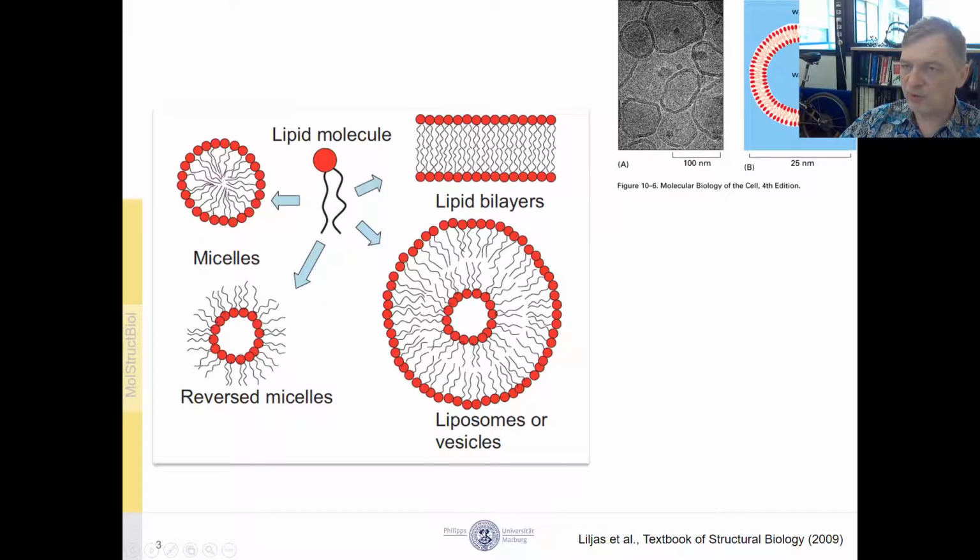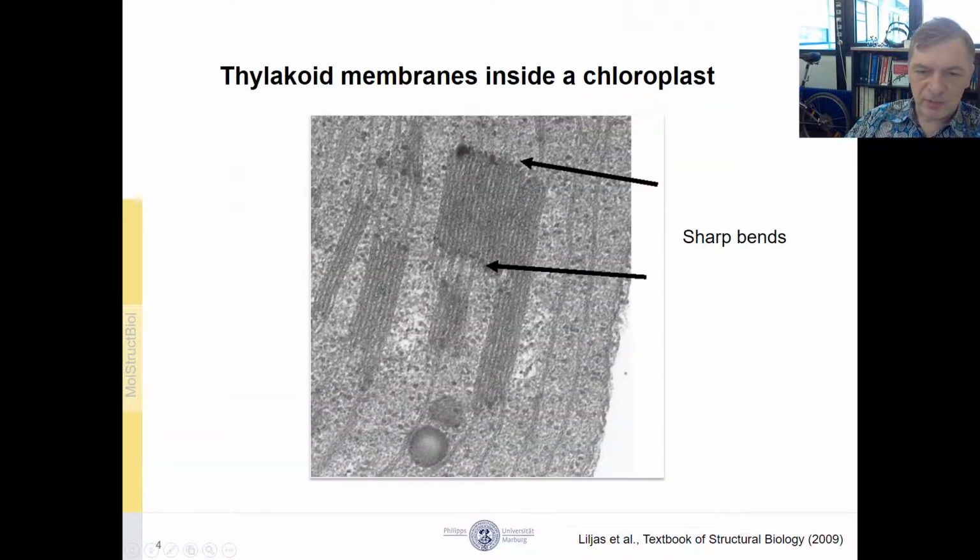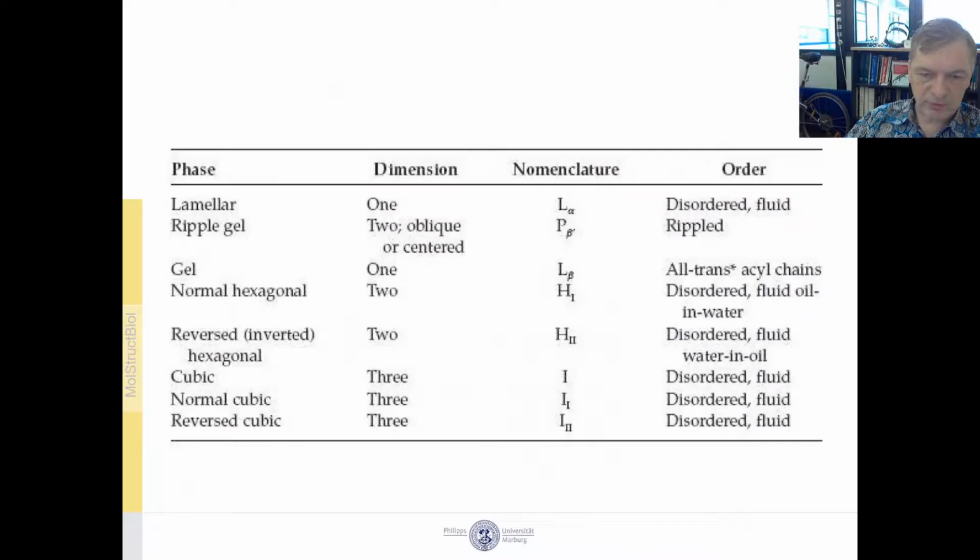Here, this one is inside, this one is outside. What is in cannot get out without crossing the membrane. What is out cannot get in without crossing the membrane. It's a bit different in the cubic lipidic phases.